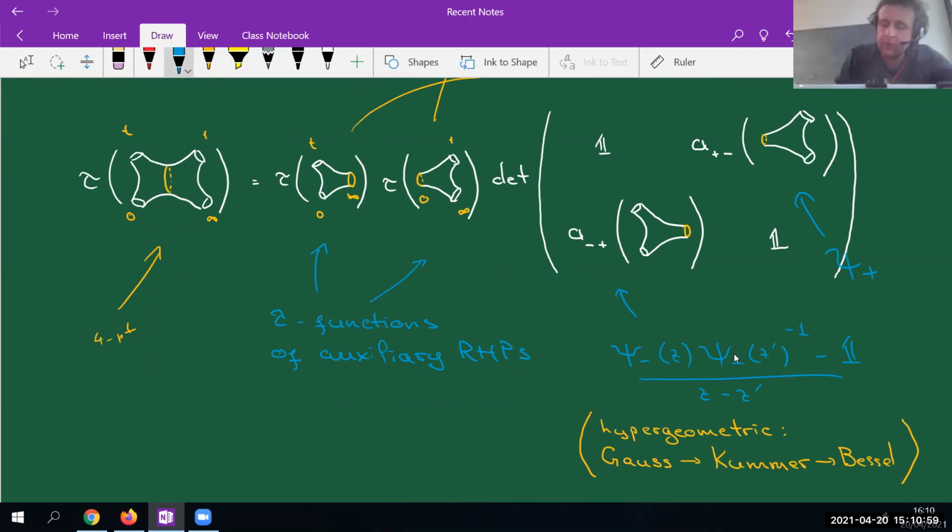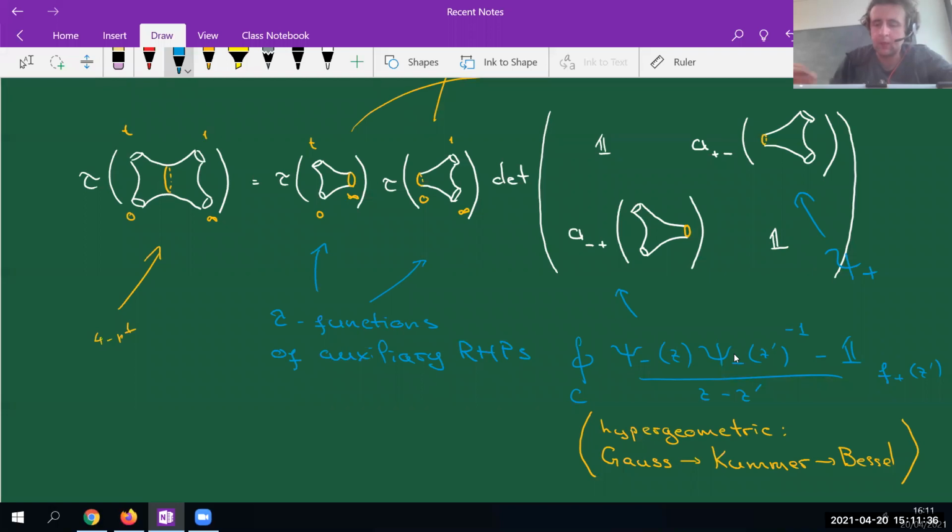So what this operator does is that you take a function from H plus, some f plus of z prime here, and you integrate along the circle, and because of the form of the kernel you get something which lives in H minus.